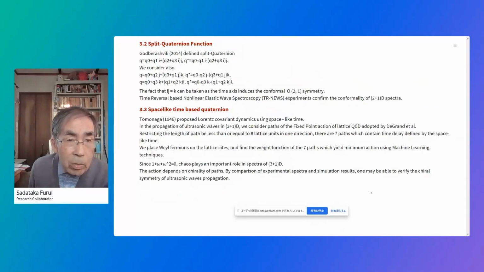And the split quaternion, the Gold-Perashvili defined the split quaternions in this form, Q0 plus Q1i plus Q2j plus Q3i times j. So let's combine these two. And the conjugate is defined in this form.